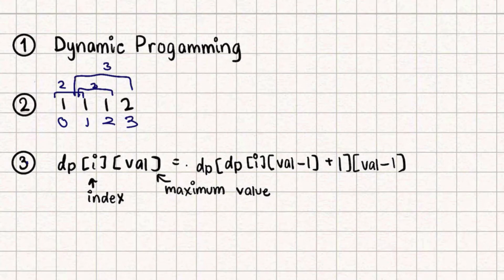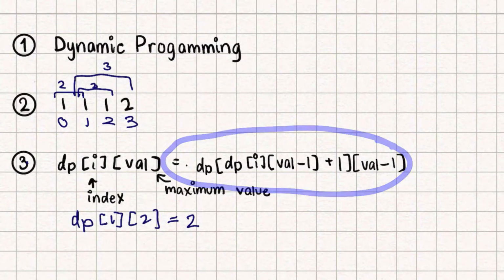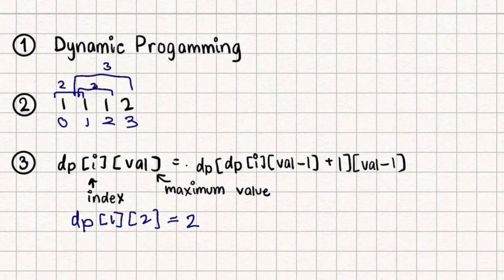So for example, dp[1][2] is going to be 2. So the value we store is going to be j, where j is the last element in our range. So we have from i to j, and in this case, in order to make 2, starting at 1, we're going to go 1, 2. So our last element here, the index is 2, so our value here is 2.